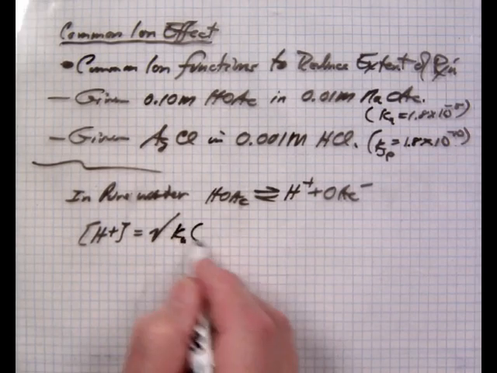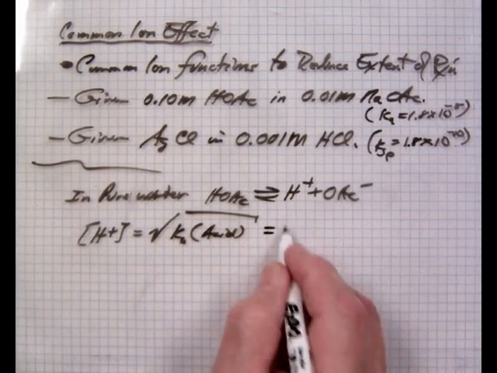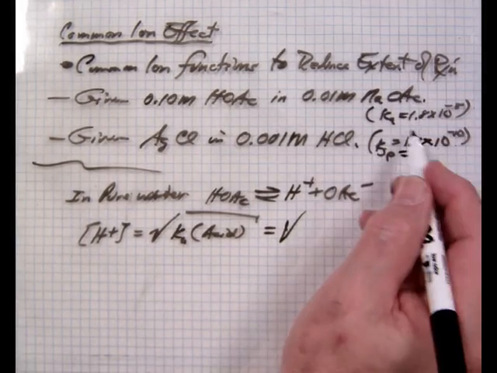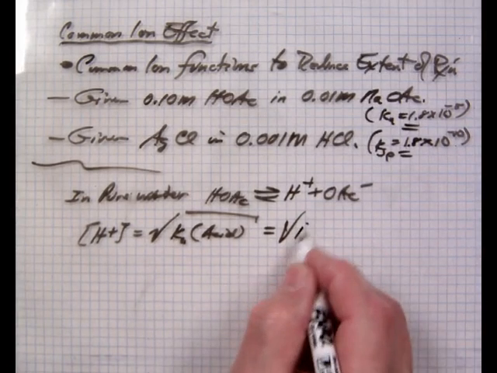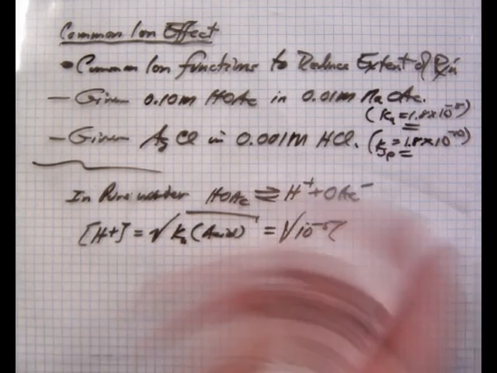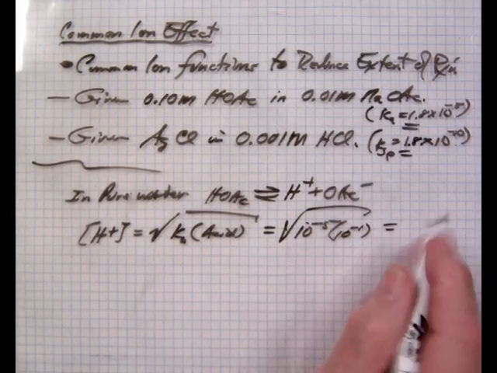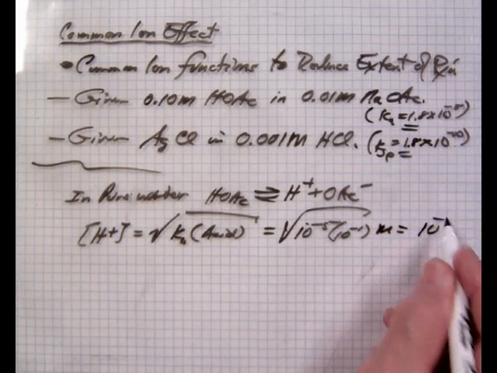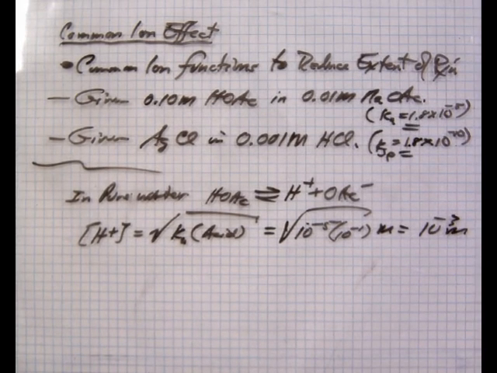Ka times the acid concentration, and so that's the square root of, well, I'm shortening this up, I'm going to say it's 1 times 10 to the minus 5, okay? So I got 10 to the minus 5 times, say, 0.1, 10 to the minus 1, and so that is 10 to the minus 3 molar in that pure water issue.